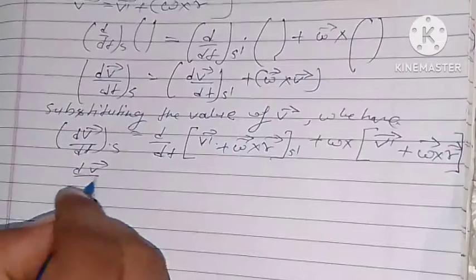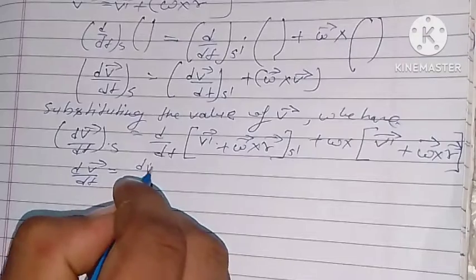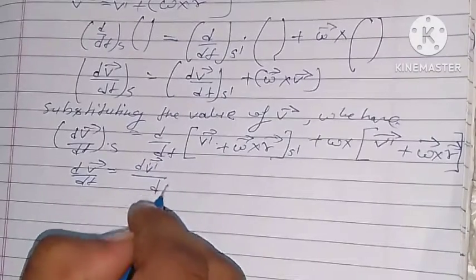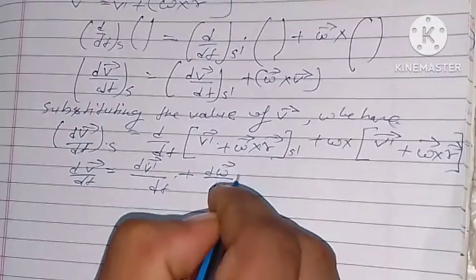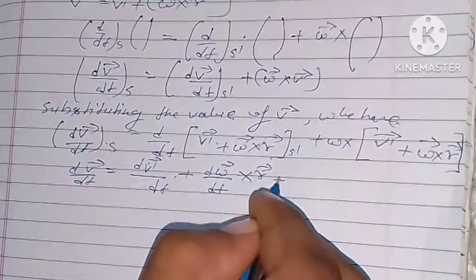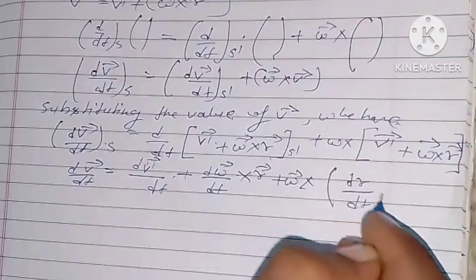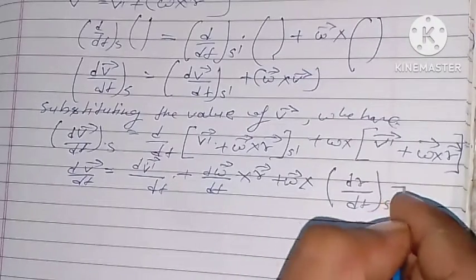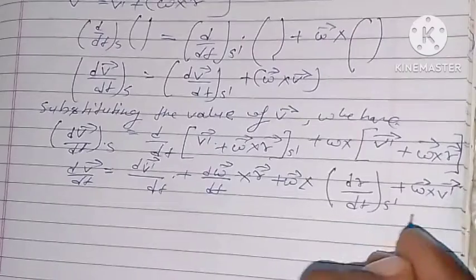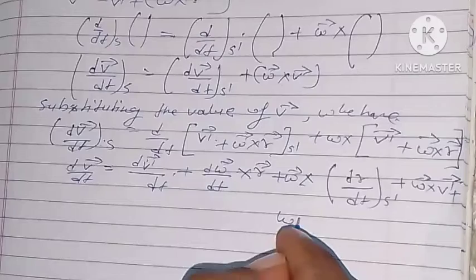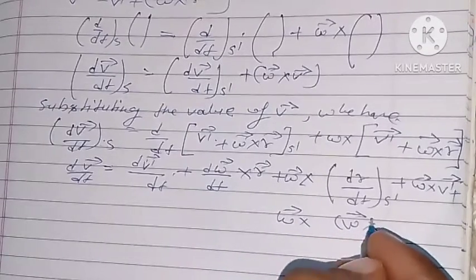So d vector v upon dt equals dv dash vector upon dt plus d omega vector upon dt cross vector r plus omega cross dr upon dt in S dash, plus omega vector cross vector v dash plus omega cross vector r.